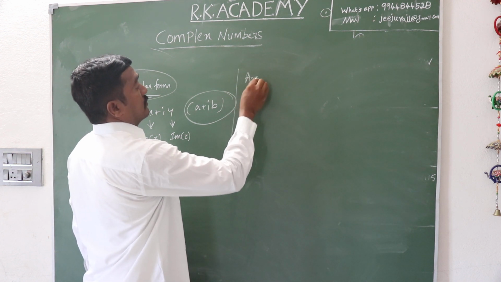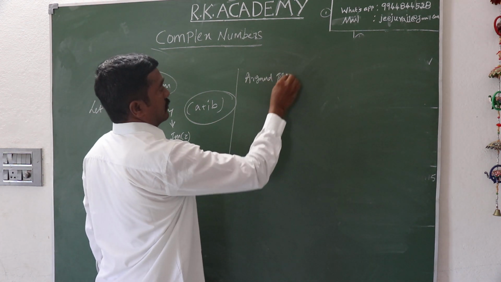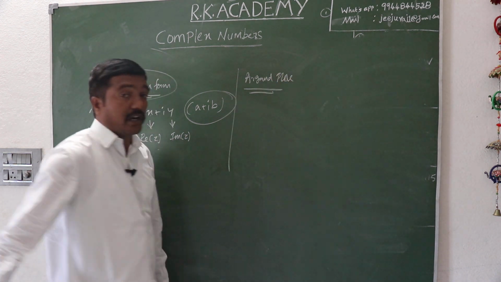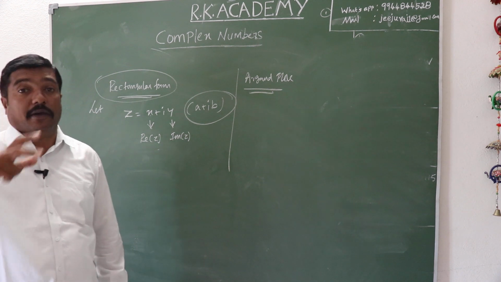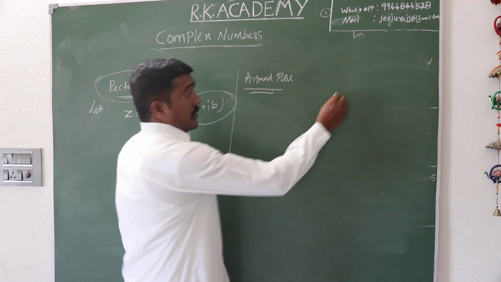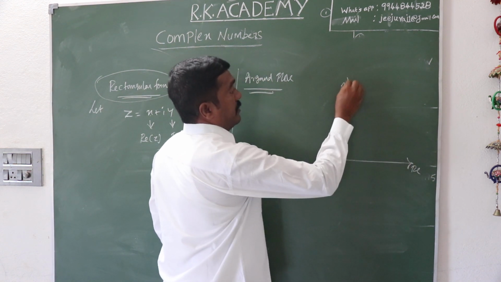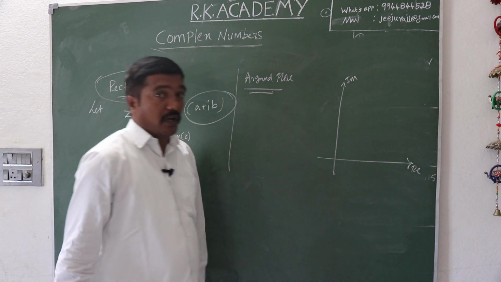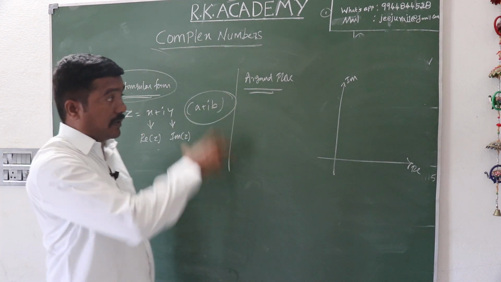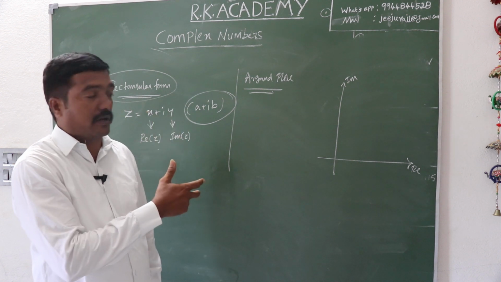Now the Argand plane. That is the graph. We already know that there is a real part and an imaginary part. In these axes, the axes mean the real and imaginary parts.